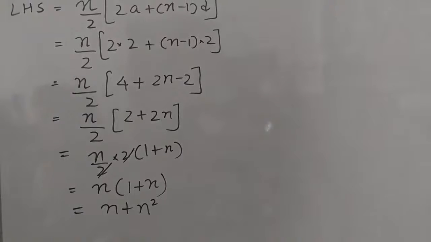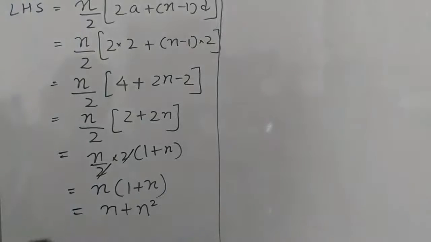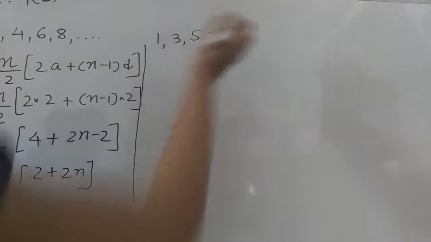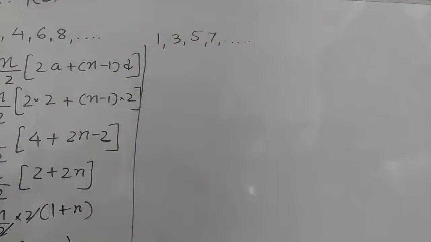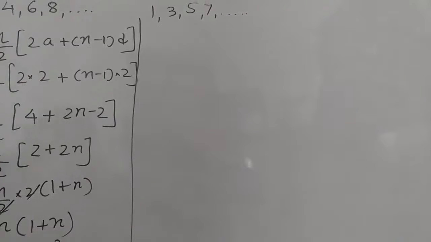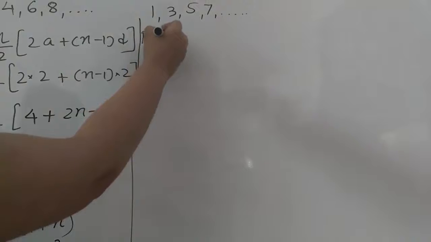Now we will start our right hand side. So students, you can see here, on the right hand side you have been given odd numbers. So 1, 3, then 5, 7 and so on. Means the common difference between them is again 2 only, but the first number is 1.